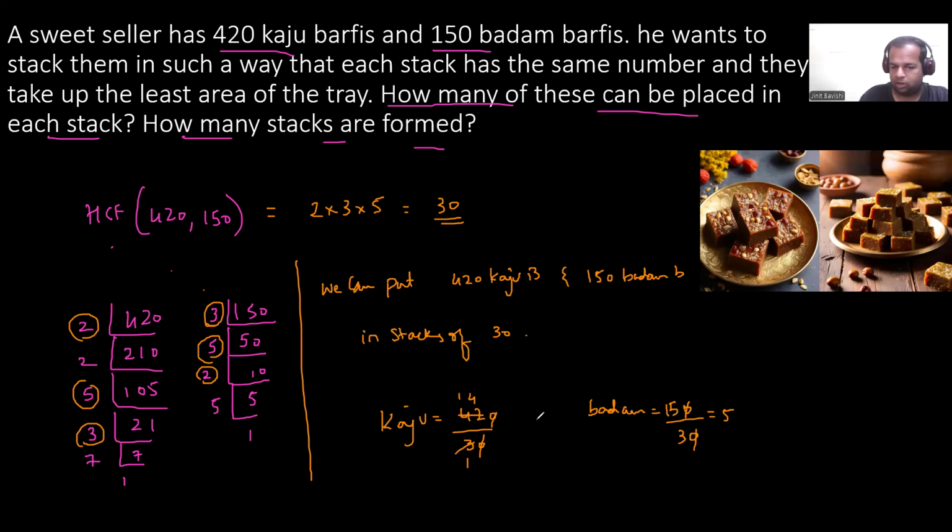So 14 kaju stacks and 5 badam stacks, total stacks 14 plus 5, which is 19. So that's how we find the number of stacks we can produce to put 420 kaju barfis and 150 badam barfis in the same numbers. That's going to be the answer of this question.